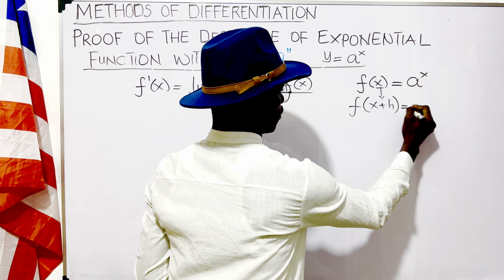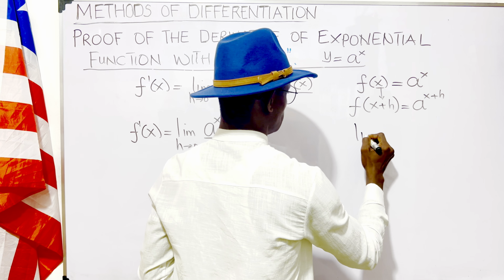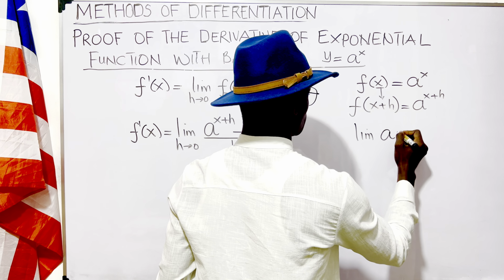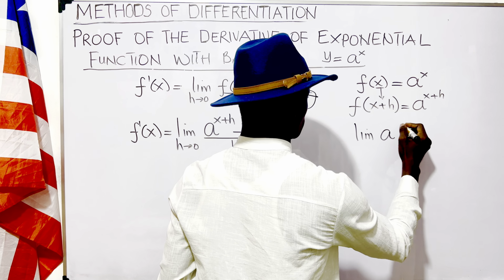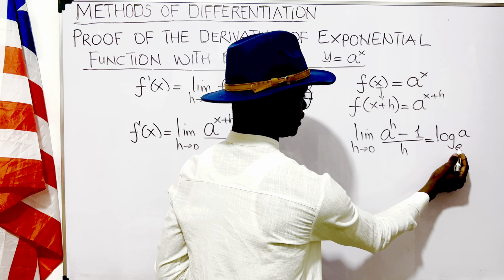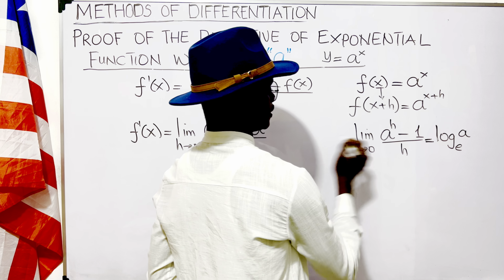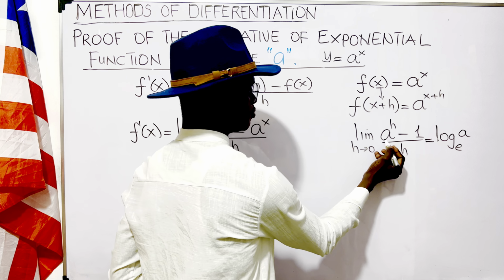Now we know from the standard limit that the limit of a raised to the power h minus 1, all over h, as h approaches 0 is just equal to log base e of a, the a that is here. So if this is b, it's log base e of b. If this is c, log base e of c, and so forth.